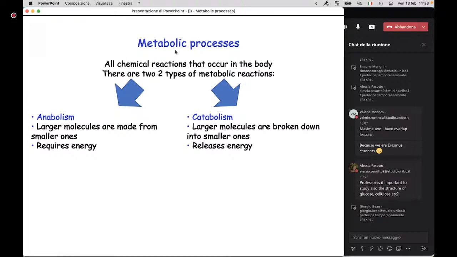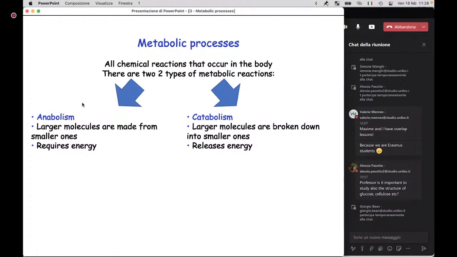So metabolic processes, by and large, can be divided into two very big classes of processes. And they are called anabolic processes, or anabolism, and catabolic processes, or catabolism, where ana and kata are two Greek prefixes that mean up and down, more or less.